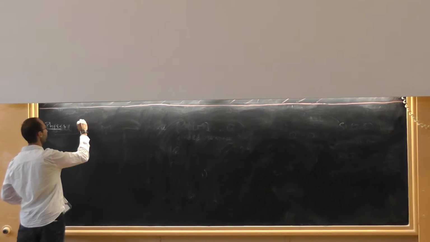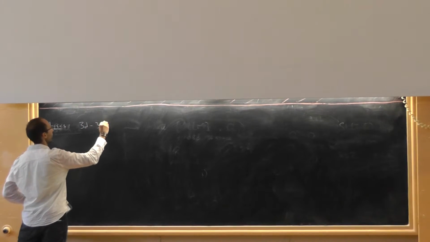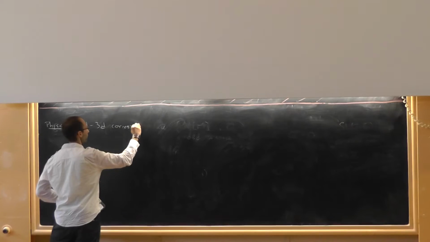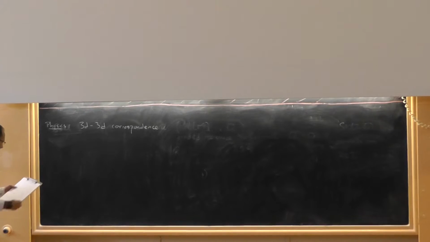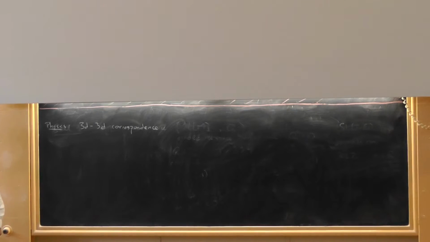There's something that's been called the 3D correspondence. So in physics, it comes about from the existence of an essentially canonical quantum field theory in 6 dimensions.